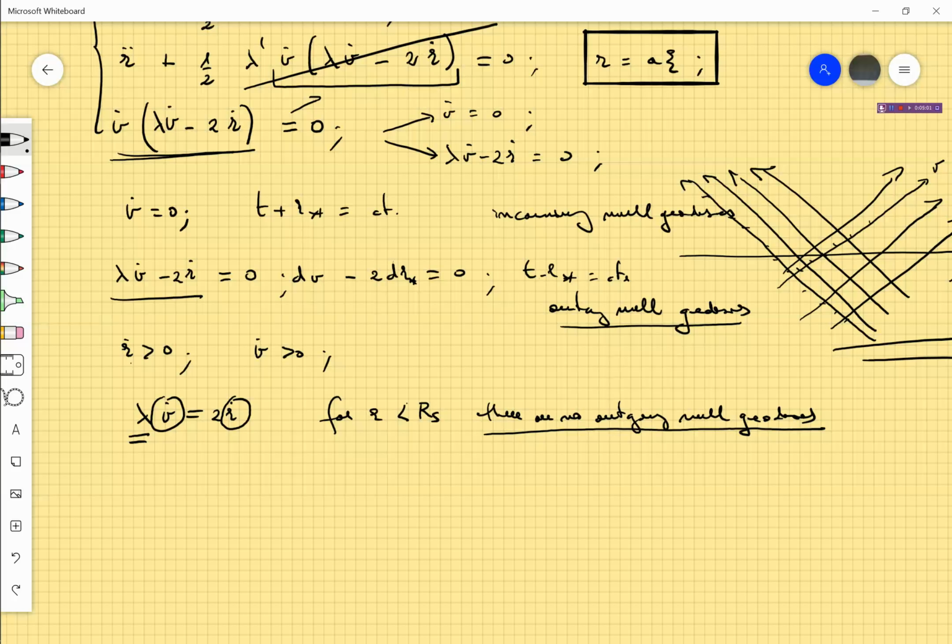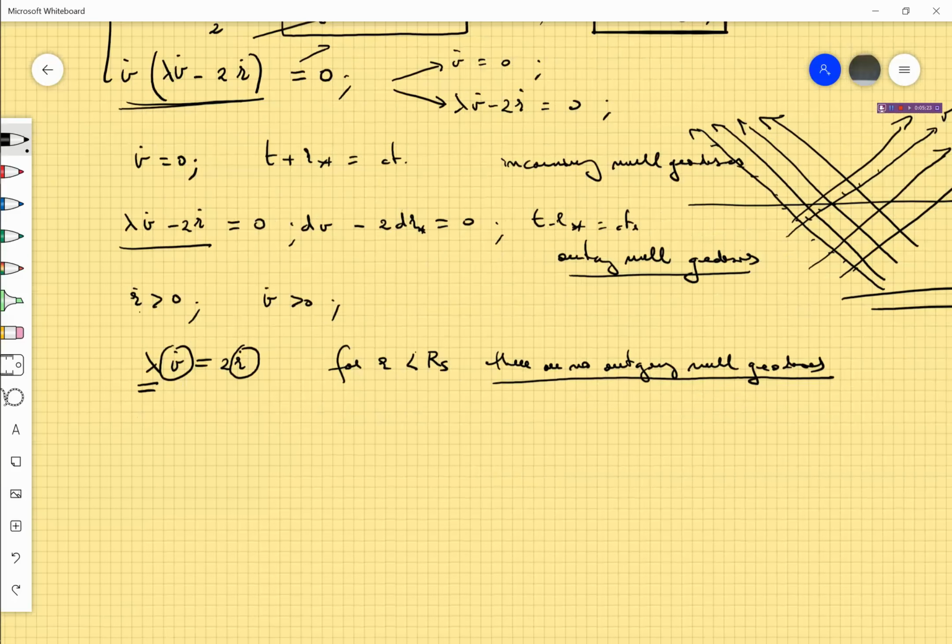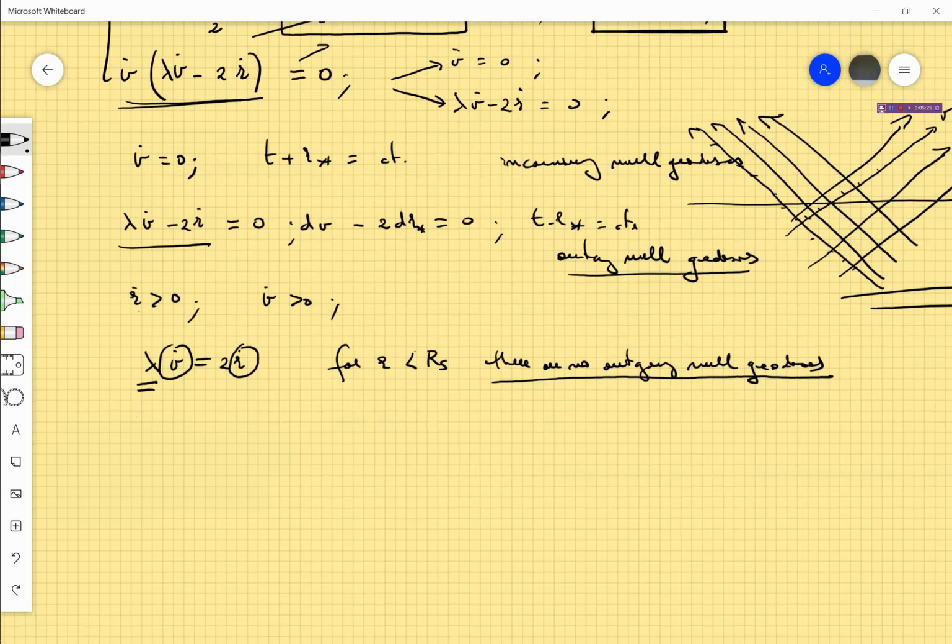The surface r equal to rs divides the space into two pieces, one of which cannot communicate with the exterior. This situation, which takes place for radial null geodesics, also happens when the geodesics are not radial.